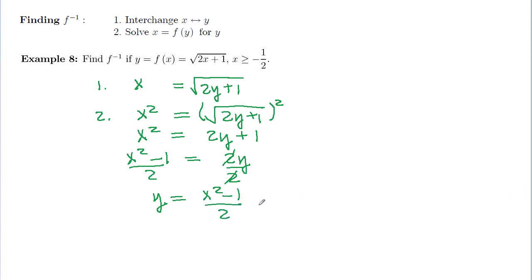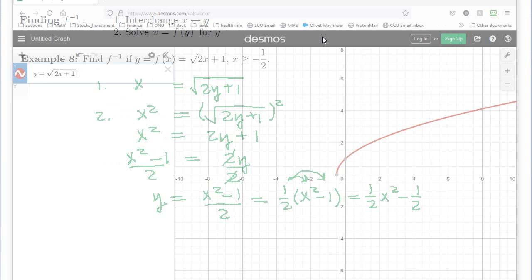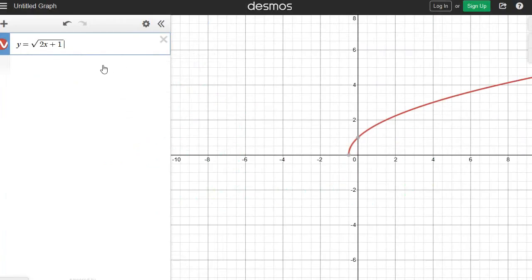Or if you want, that's the same as putting a 1/2 out in front: 1/2 times x squared minus 1. Or if you multiply the 1/2 through, it's 1/2 x squared minus 1/2. So it's an x squared curve, with a vertical multiplier of 1/2, and then shifted down half a unit. If we go back to Desmos real quick, we can graph that function.